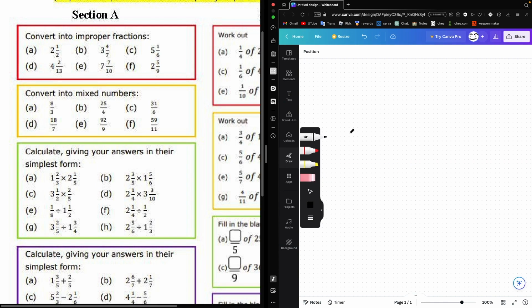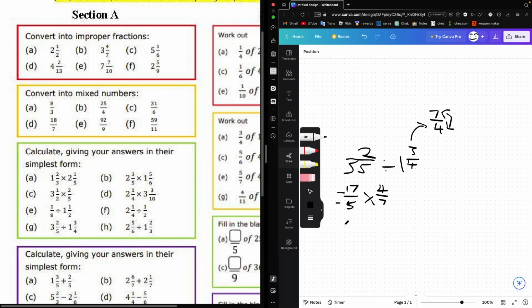Okay, so G, 3 and 2 over 5 divide by 1 and 3 over 4. So same thing again, 3 times 5, 15 plus 2, 17 over 5 times, okay, we do this in another equation, so 1 times 4 is 4 plus 3, 7 over 4. Flip it, that will become 4 over 7.